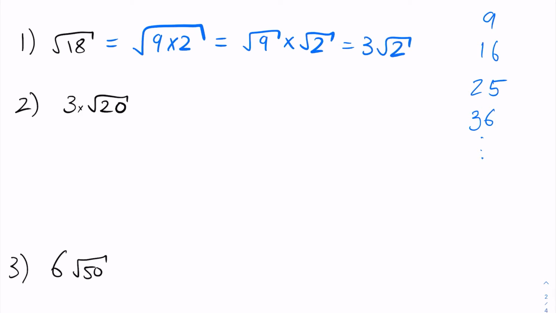Okay. Now, next one down here, we've got 3 root 20. Now, 3 root 20, like I just said, because we're lazy, we like to just write things next to each other, knowing that they actually just mean times by, is just really 3 times the square root of 20.